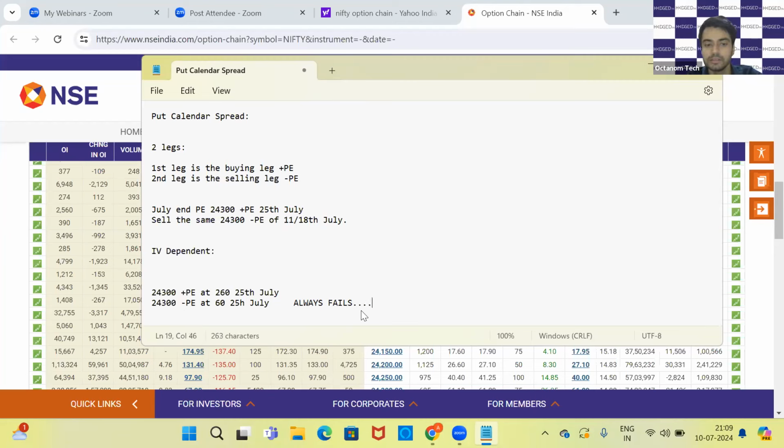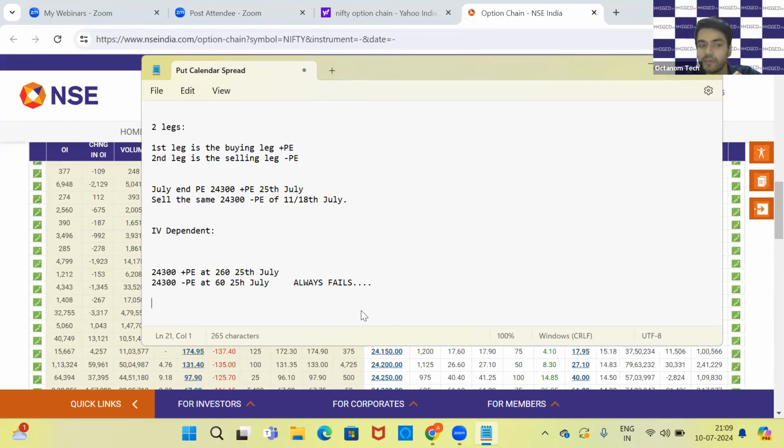Now, why does it fail? Just try to understand one thing. Let's say we have a debit of 260 points. And we have a credit of 60 points. But this is of 11th July.